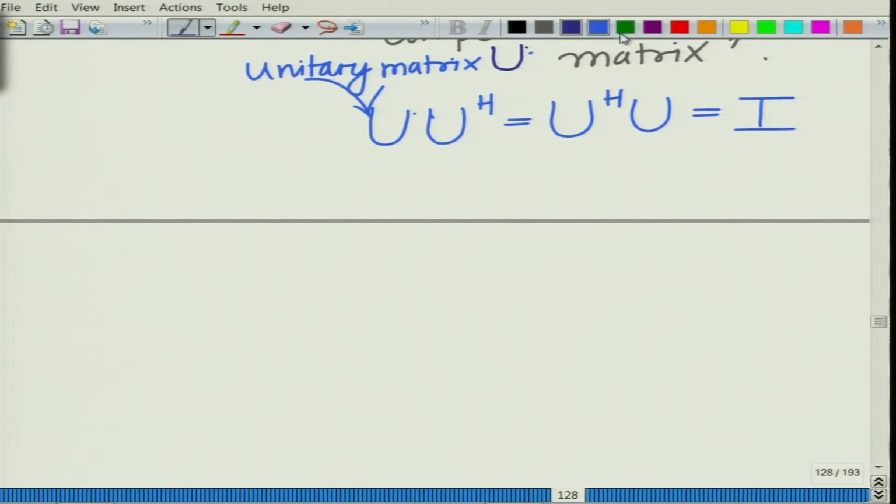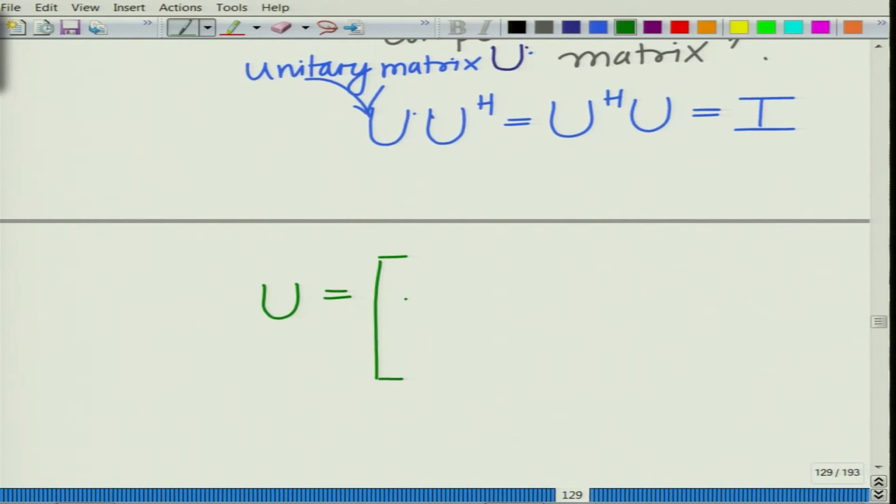For example, a canonical example is, you can write a complex unitary matrix. This will depend on more parameters now because it is complex.